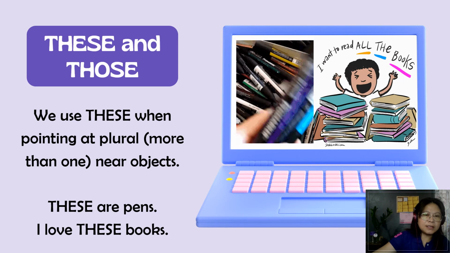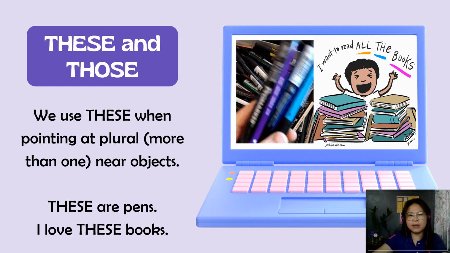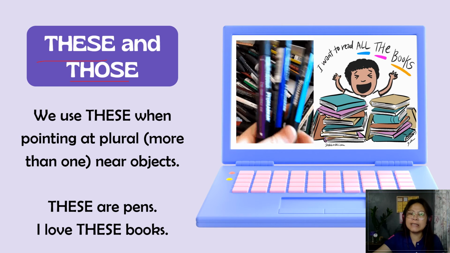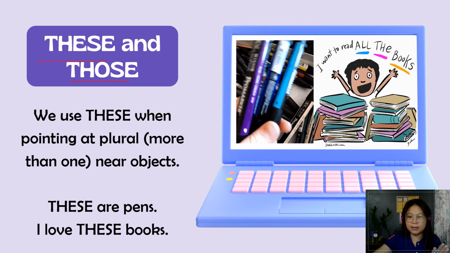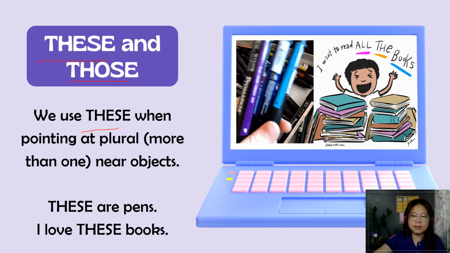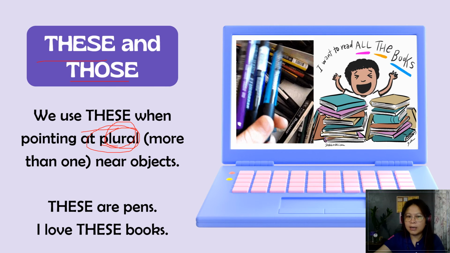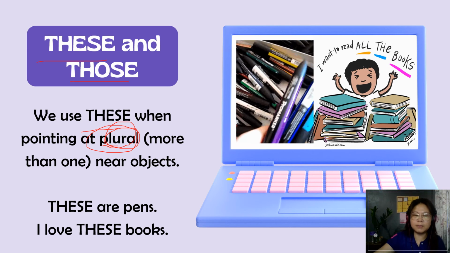The use of these and those. These and those are just the same as this and that, but we use these and those when pointing at plural objects.